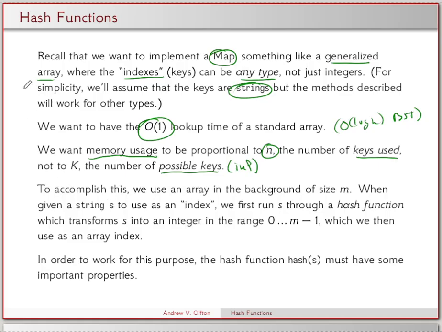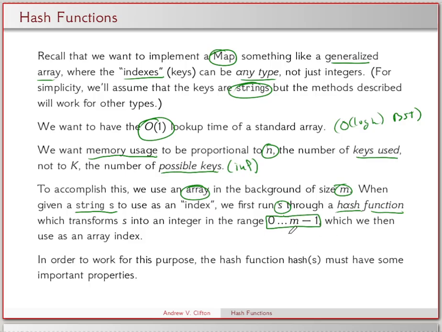To accomplish these goals, we're going to put under the hood of our data structure an array, and we'll call the array size m. We are given a string that we want to use as an index. So we're going to run our string through a hash function, and the job of that hash function is to turn the string into an integer in the range of 0 to m minus 1.